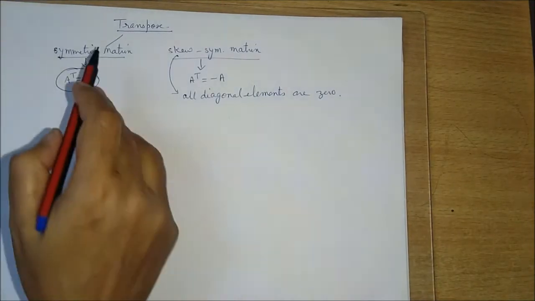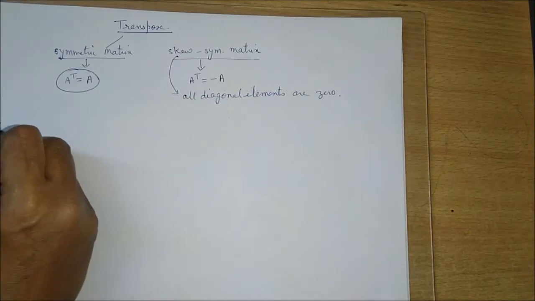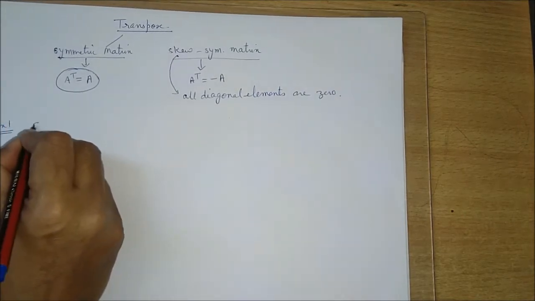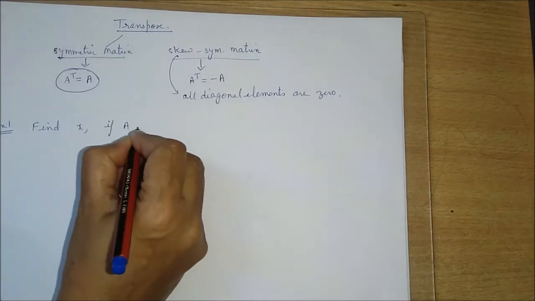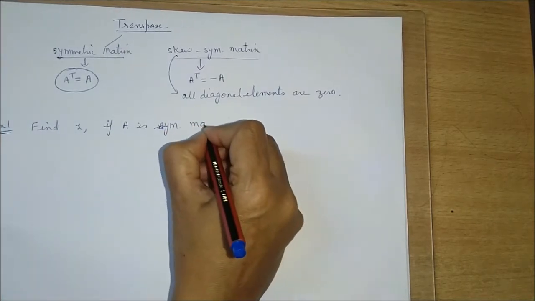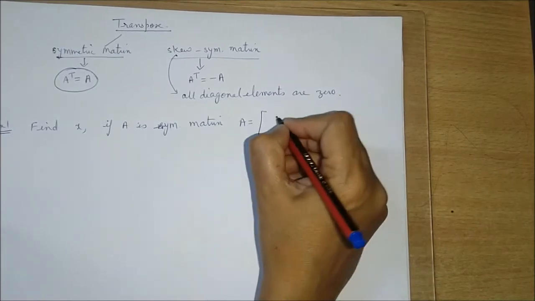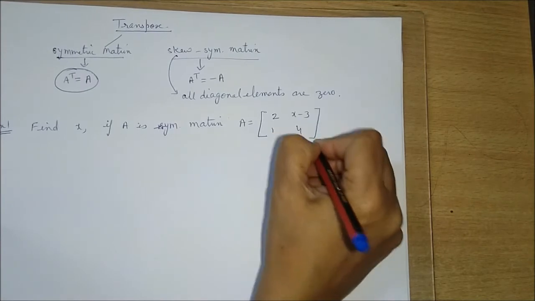So on the basis of symmetric and skew symmetric matrix, let us consider examples. Suppose there is one example, find the value of x if A is symmetric matrix. A is given as 2, 1, x minus 3, 4.